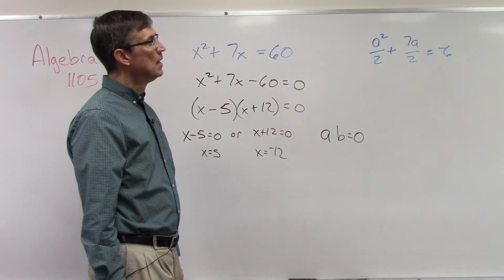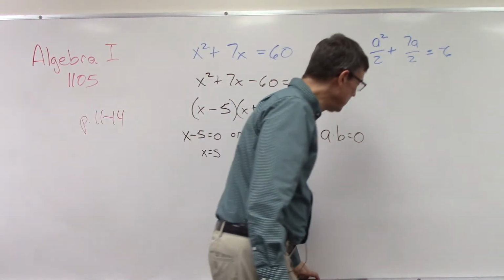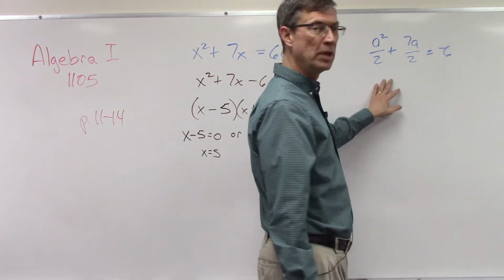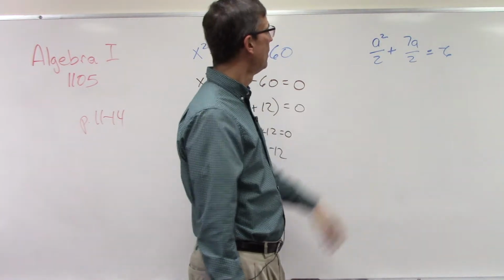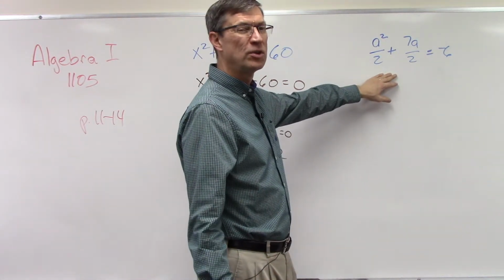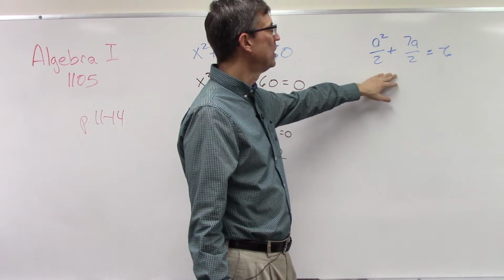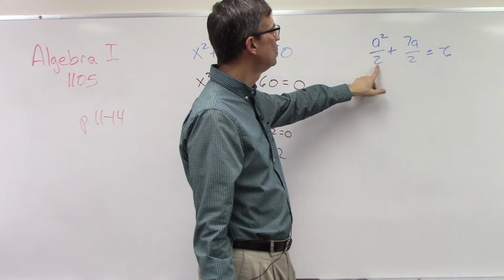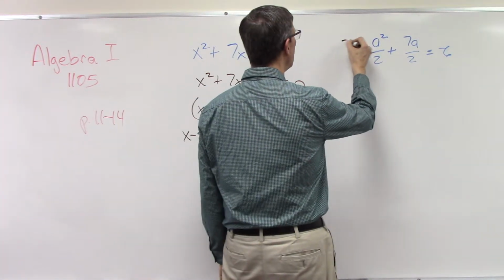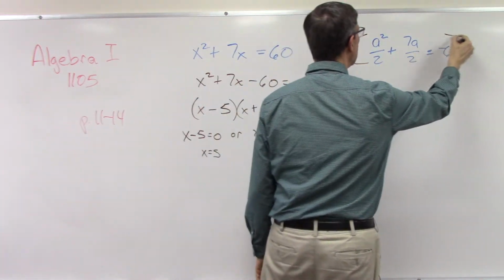Okay? Now this one up here is similar to one that you have in your homework on page 14, I think it is. Let's just talk about the first step and get you started, and then I'll let you finish it. We need to get rid of the denominator by multiplying through everything by 2.